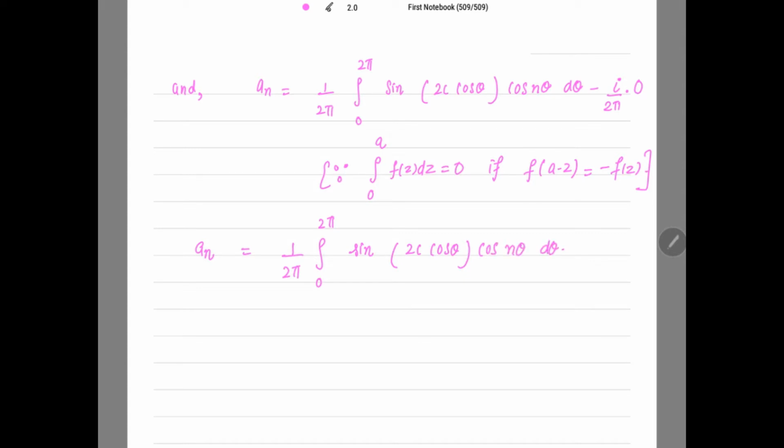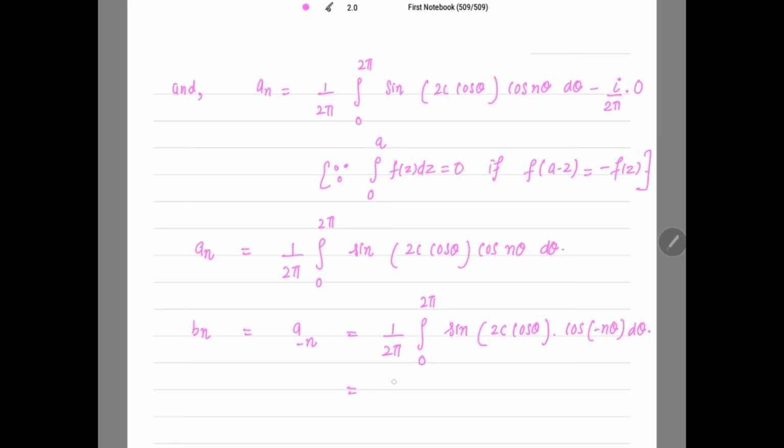So the first coefficient is done. Now the second one, b_n. This is equal to a_(-n). So I just have to put minus n instead of n in this a_n. So this is 1 over 2 pi integral 0 to 2 pi of sin of 2c cos theta cos of minus n theta d theta, and we know that cos of minus theta is cos theta.